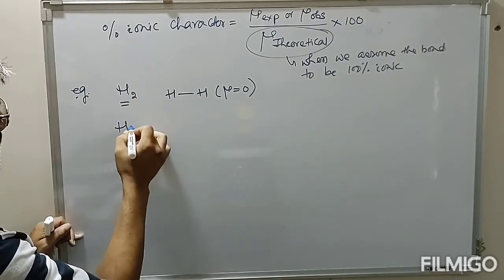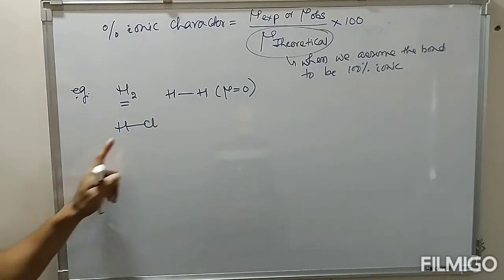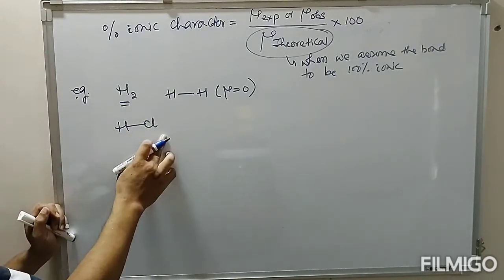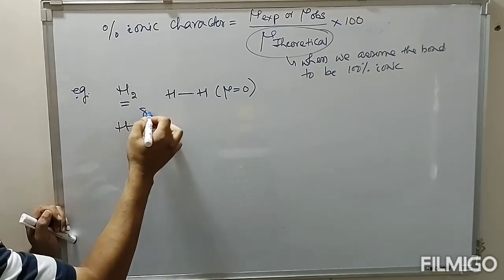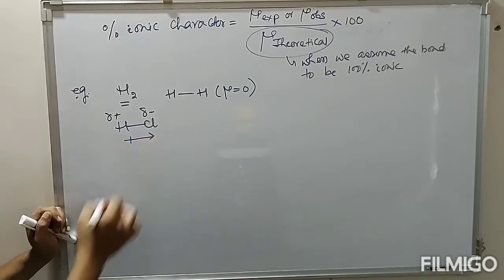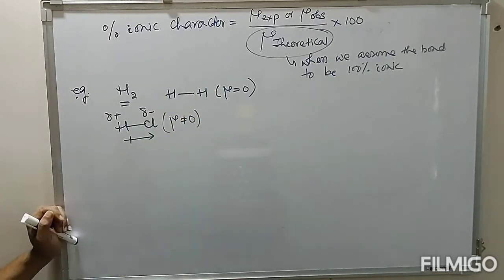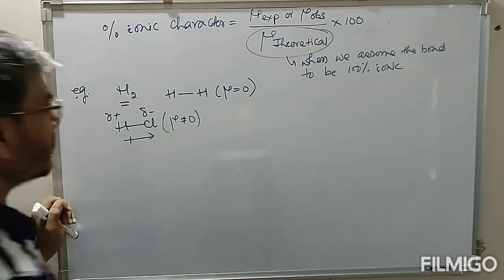Take HCl. Chlorine is more electronegative than hydrogen, so chlorine will acquire a partial negative and hydrogen a partial positive. So we have a net resultant dipole, and the dipole is not equal to 0. So HCl is a polar molecule.